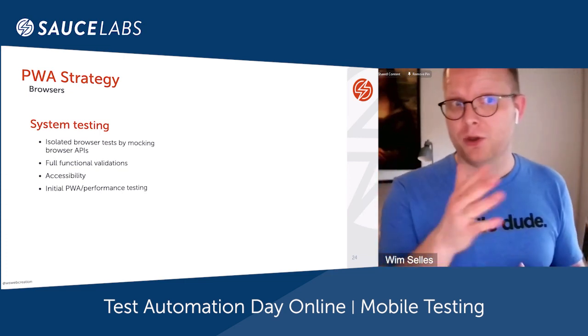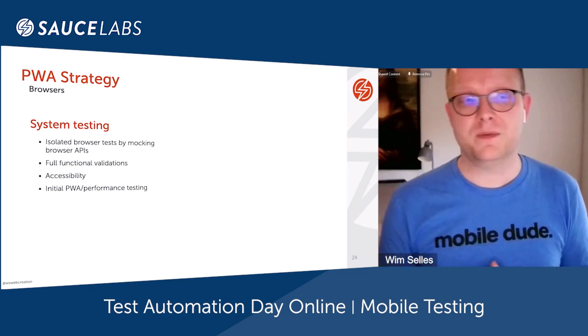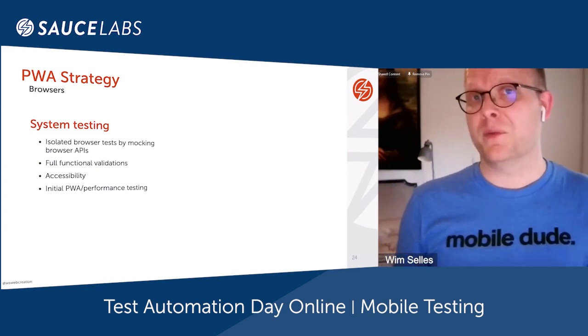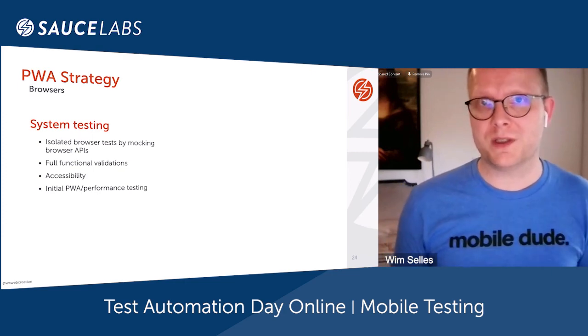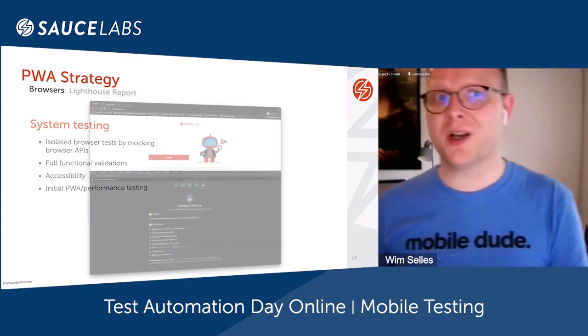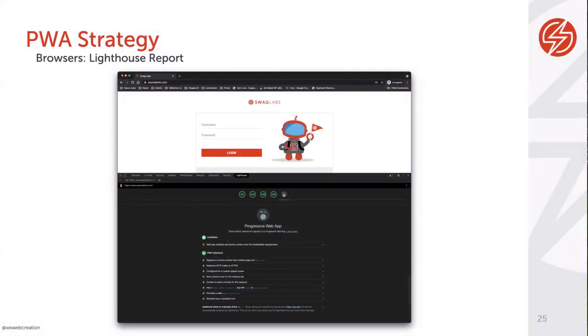And that's something that you could do in your browsers because you will get that fast feedback. Accessibility is something that you can already test. And also you can take a look, for example, into performance testing. And to give you an example about, for example, a tool that you could use within Lighthouse, if you would open Chrome, if you would go to saucedemo.com and you would go to the Lighthouse tab, then you can create a report based on PWAs.